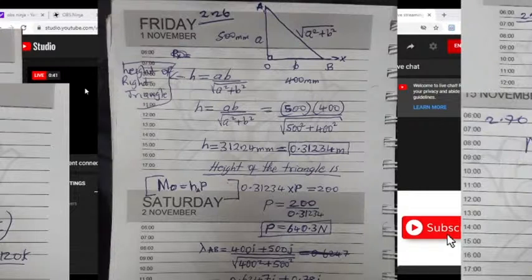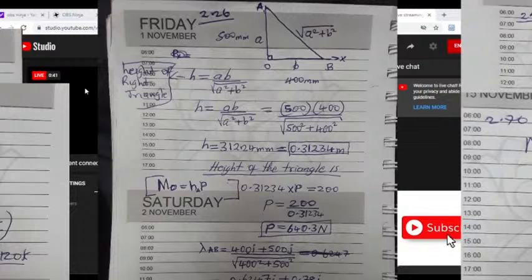Then if you check very well, we were given the distances of A and B, which are 500 and 400, in millimeters, but you can still use them. Then we calculated and we found our height. This is the height of the right triangle.